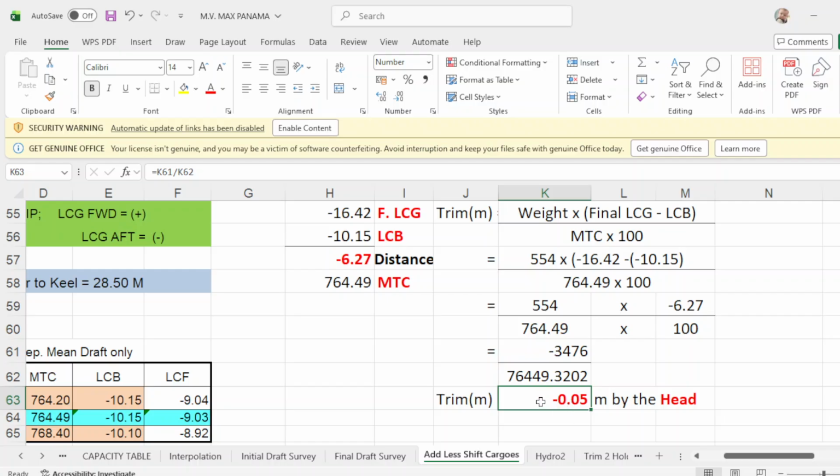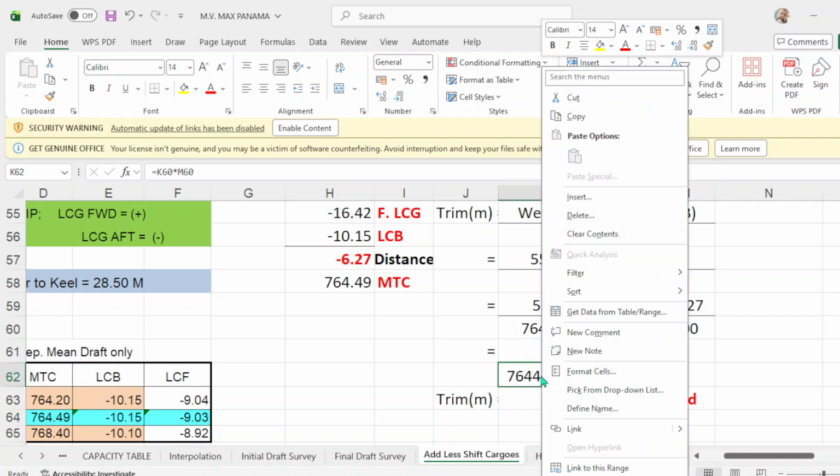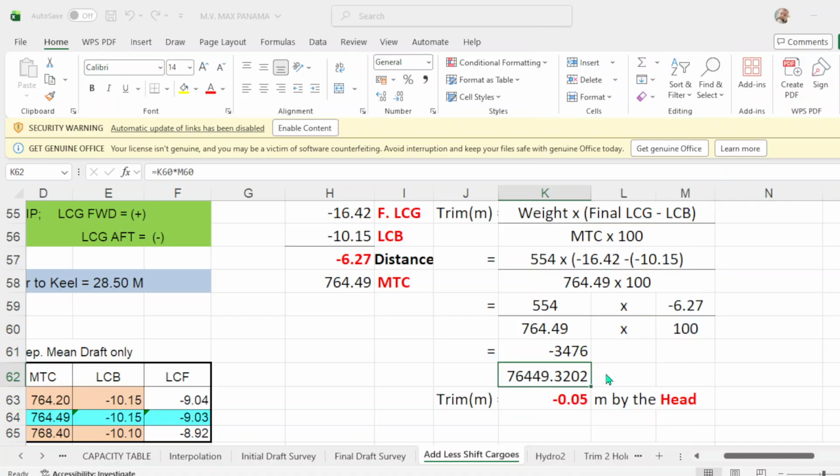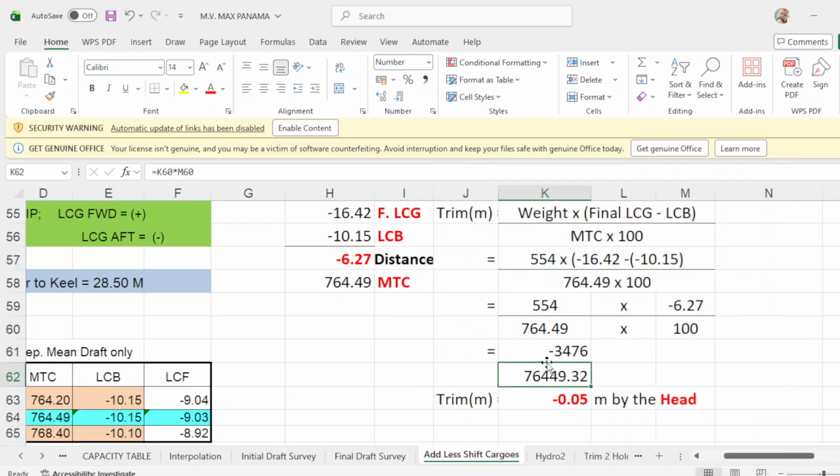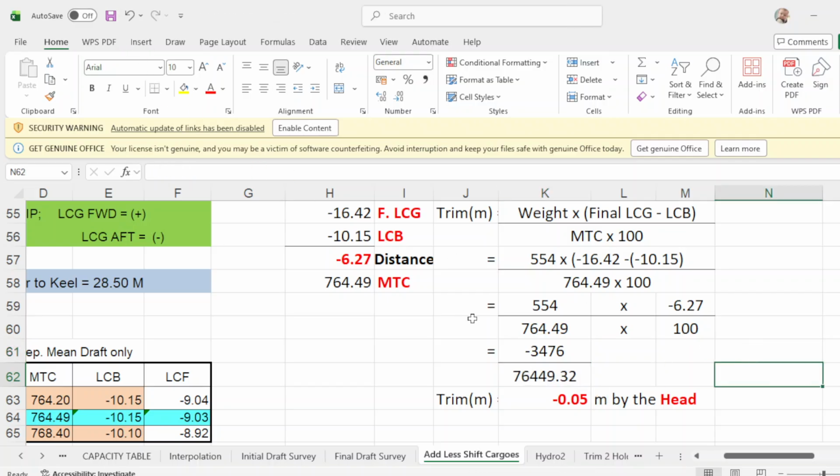Then get the trim equals this one, divide by your MTC. That will be 0.5. Okay. So you trim by the head of negative 0.05.